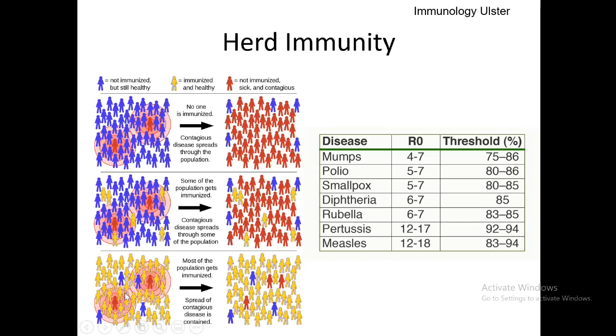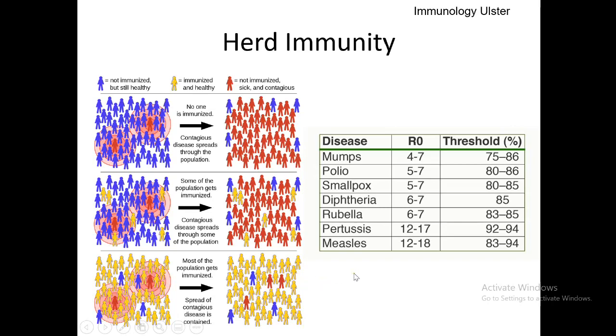But that can't happen, of course, because the yellow individuals are immunized, and if the pathogen does manage to enter the system of those immunized individuals, it'll be eliminated, and that will be the stop of the spread. And that's the concept of herd immunity that you can see here, where if someone gets infected, for instance, these red individuals, they actually can't spread it to people who are not immunized.